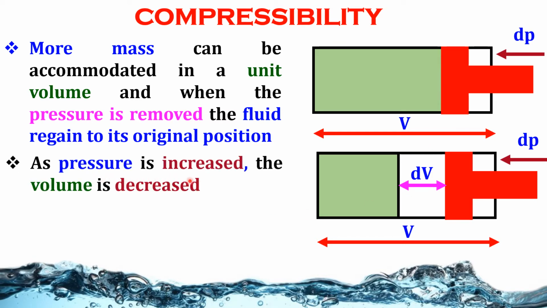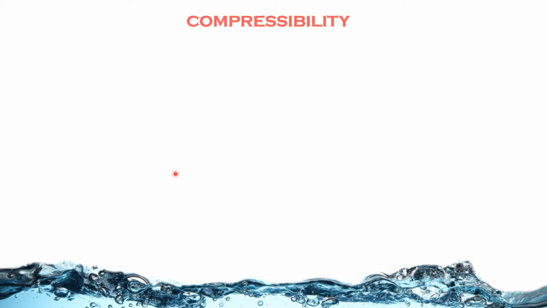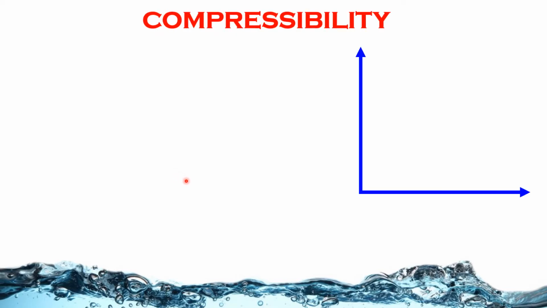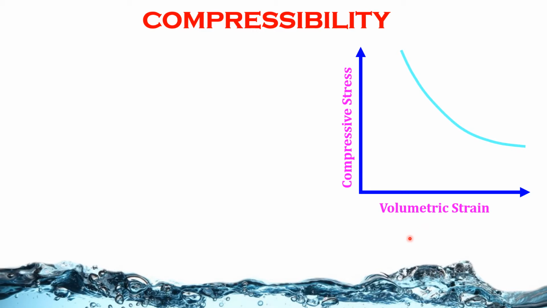As the pressure increases, the volume decreases. We can say pressure is inversely proportional to volume. That is, dP is proportional to minus dV by V. There is a plot between volumetric strain and compressive stress. As volumetric strain increases, compressive stress decreases.